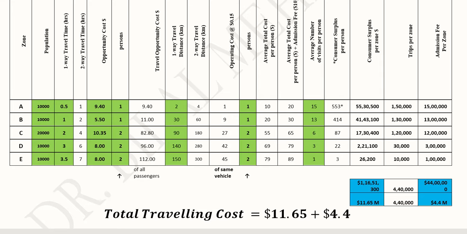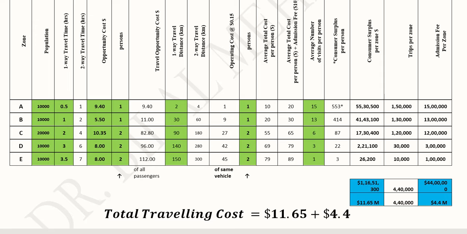So here we are. This is the first value for zone A, the travel opportunity cost that we calculated. Added the operating cost for the zone A, which will be 10.4 divided by the persons, that is 1. So it will become 10.4.